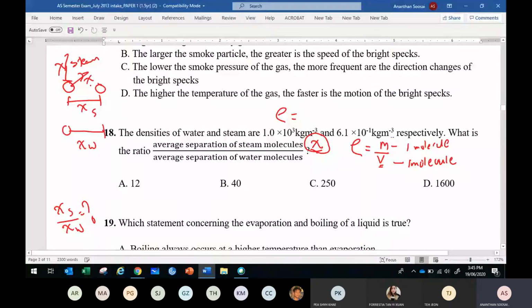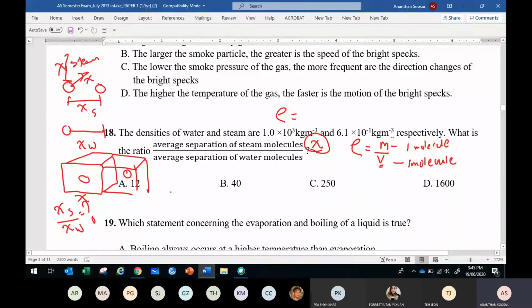So that means one molecule, the volume it occupies, we assume it's in a cube shape. In a cube shape, there's another particle at the side. We say it's in a cube shape where the length of the cube is x. X is the separation of the molecule.